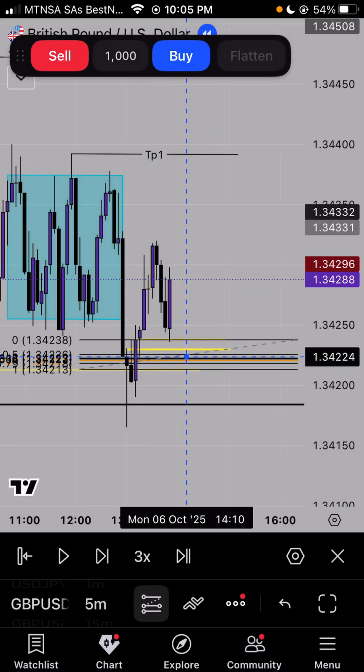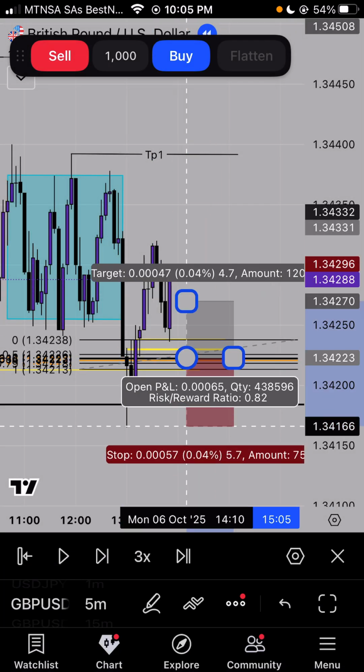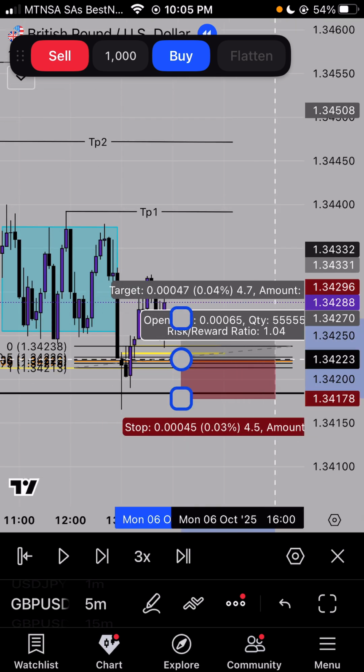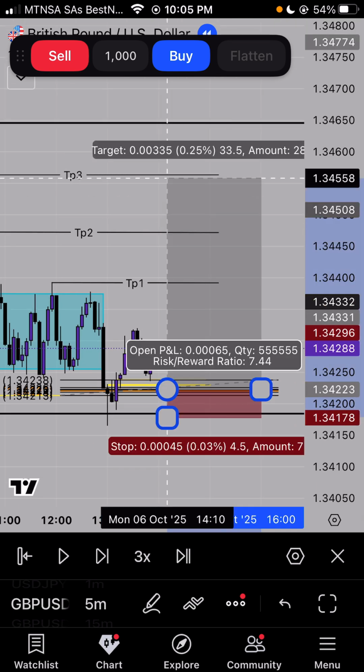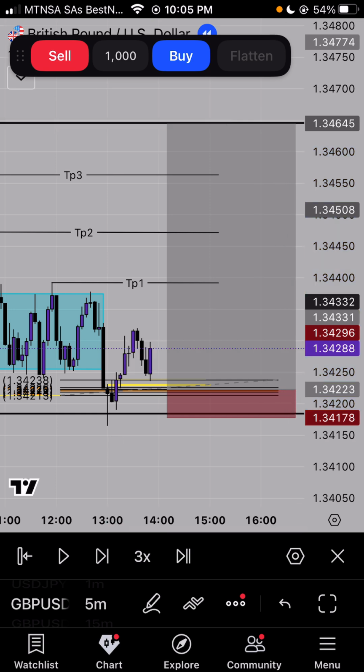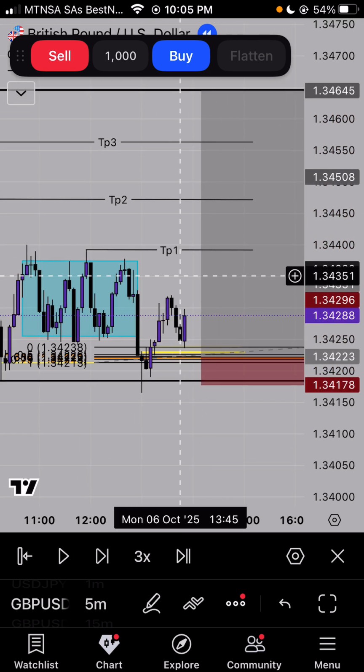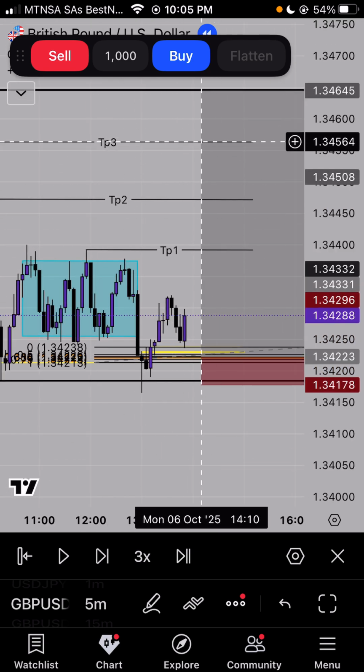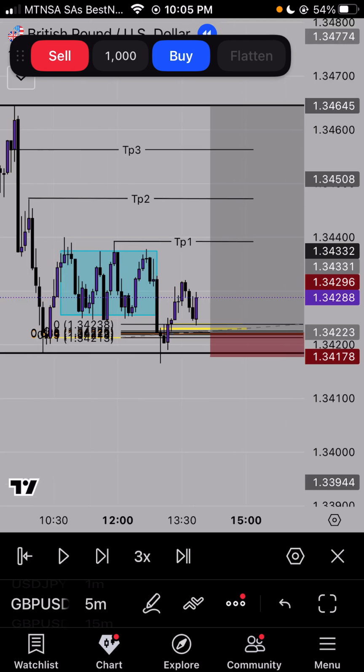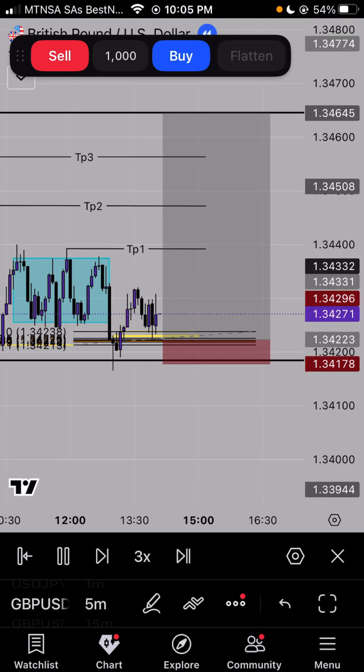On these black lines you're gonna look for your entry like this, targeting the opposite high, and you must take partials by these previous highs, and then you'll see how the market moves.